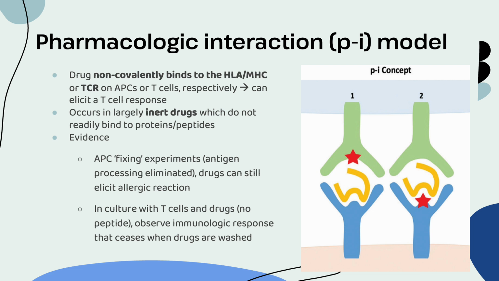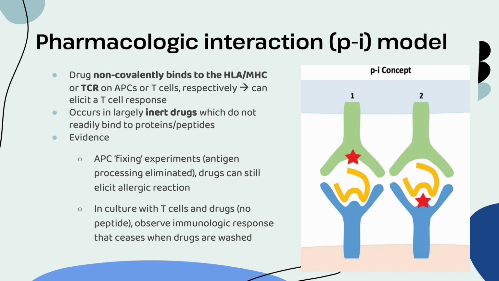By binding to these receptors, you can essentially prime them to elicit a T cell response. So it's similar, but different in that it's non-covalent. I would say that's the big difference here. So what's the evidence for this one? Well, we have these experiments called APC fixing experiments, where you take an antigen presenting cell, APC, and remove its ability to process an antigen.